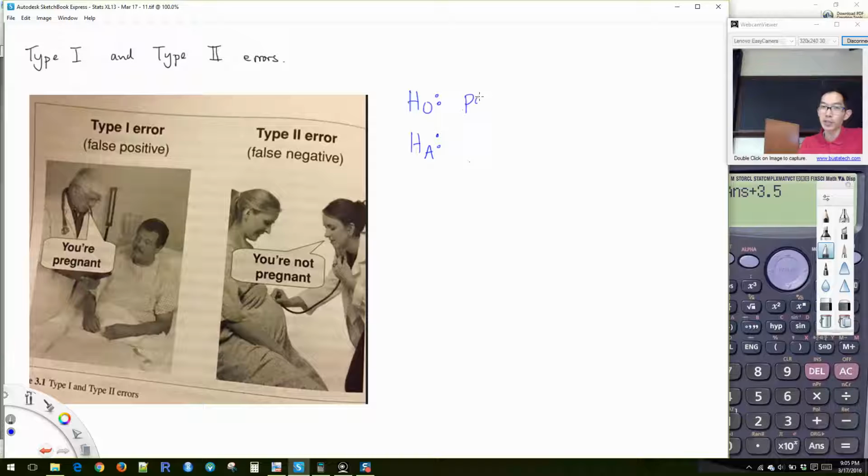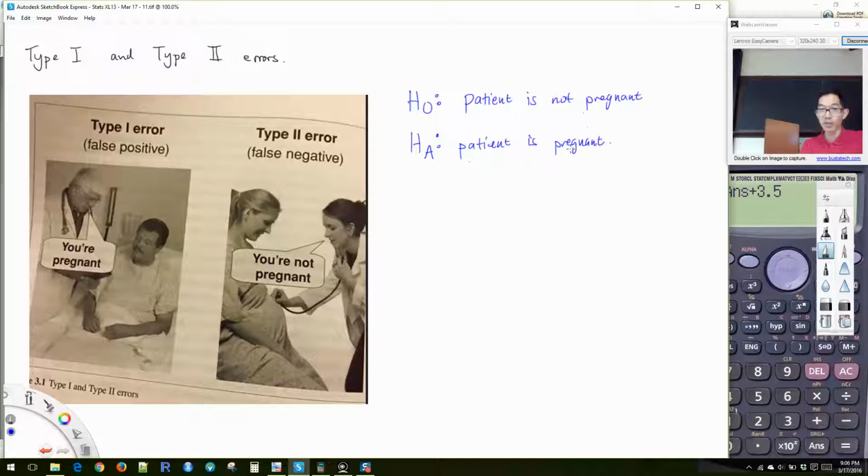The null hypothesis would be the patient is not pregnant. This is the null assumption, and the alternative would be the patient is pregnant.